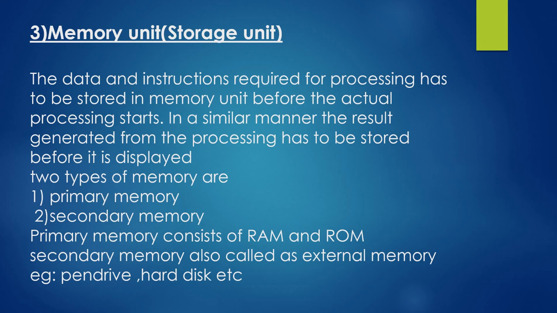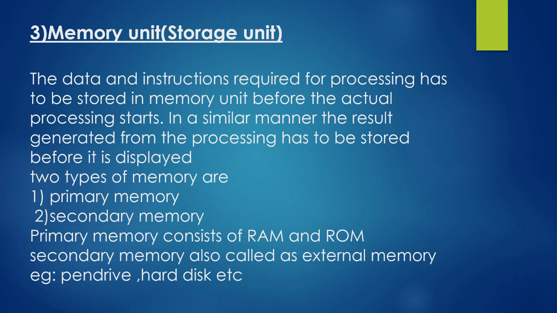In a similar manner, the result generated from the processing has to be stored before it is displayed. Here there are two types of memory: primary memory and secondary memory. Primary memory consists of RAM and ROM. RAM means random access memory. ROM means read-only memory. Then secondary memory consists of external memory.